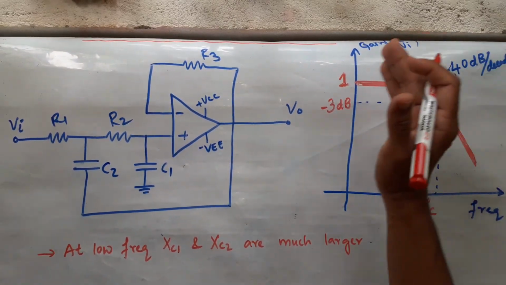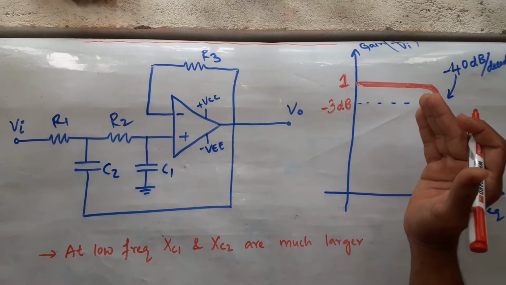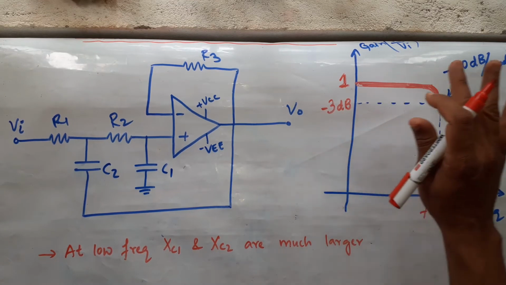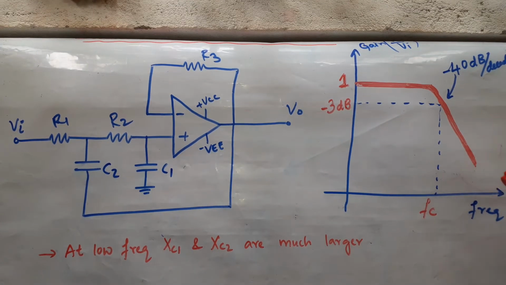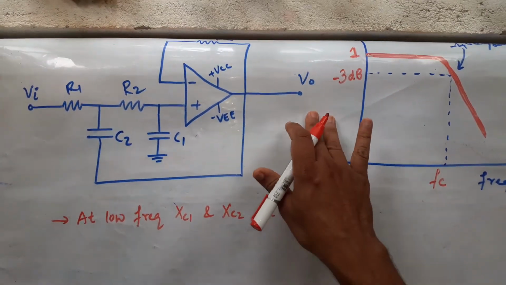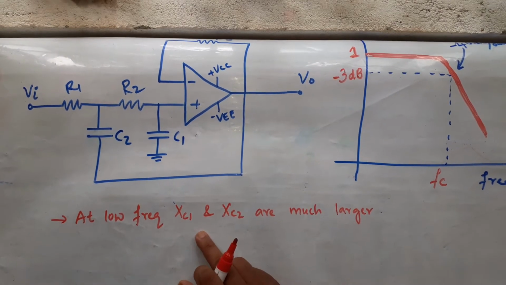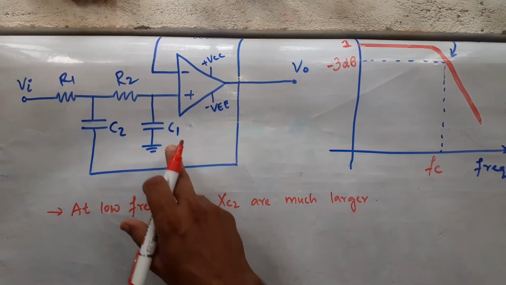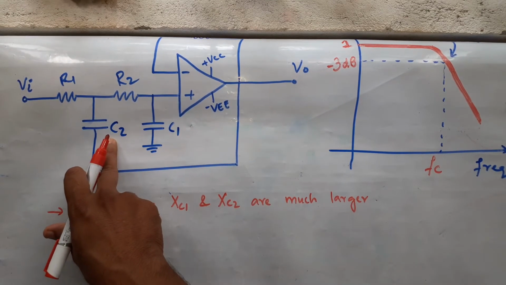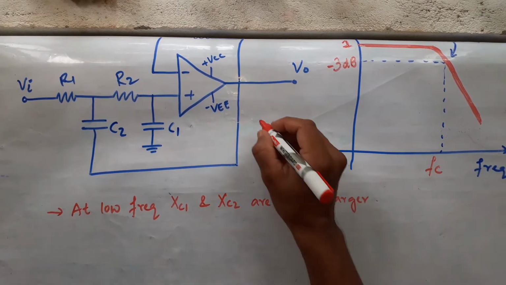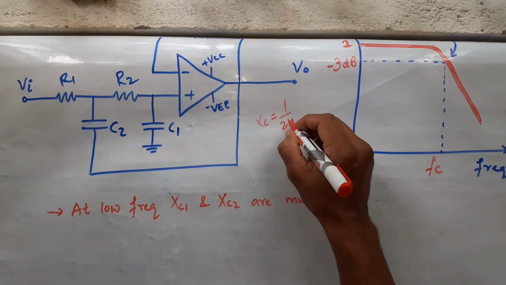Yes, I am writing a very important point here. If you see this frequency response, let us analyze when the frequency is at the lower portion, and in the other case when the frequency is at the higher portion. Let us analyze first in lower frequency. At low frequency, XC1 and XC2, these capacitive reactances, are much larger, isn't it? Because we know that Xc is equal to 1 over 2 pi f c.